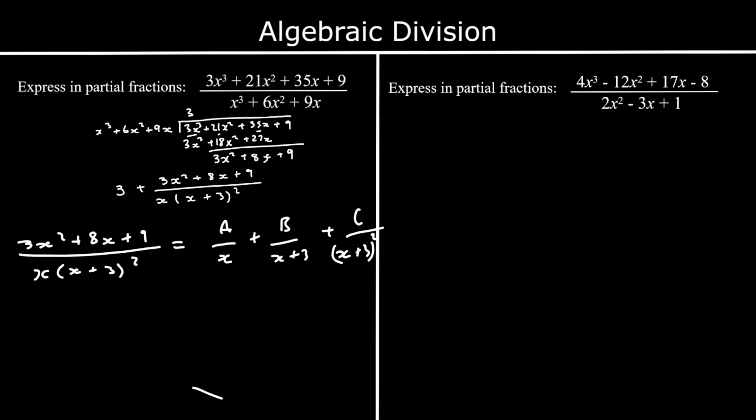Multiply through by the denominator. So 3x squared plus 8x plus 9 equals A times x plus 3 squared plus B times x plus 3 plus C times x.